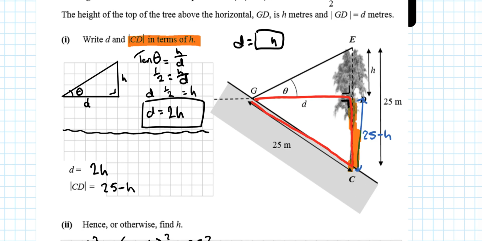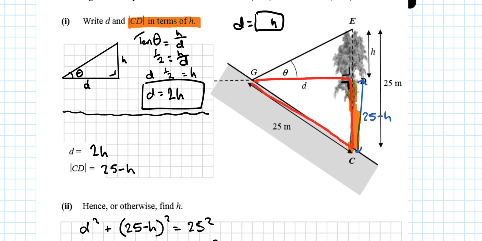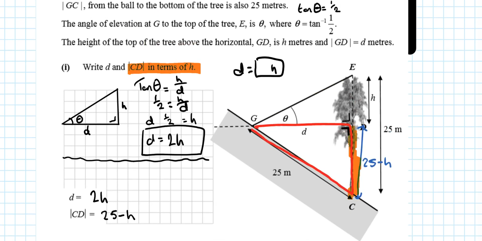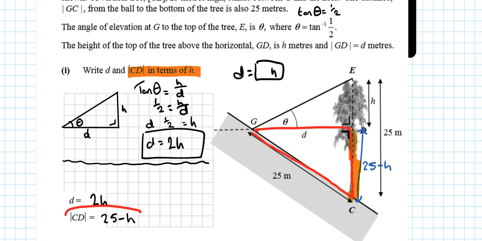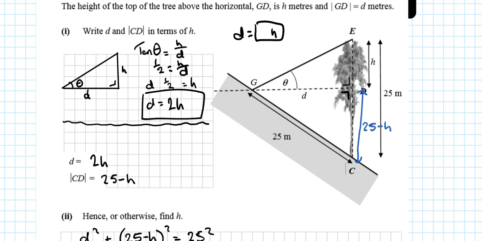So I could use Pythagoras' theorem for the next part of the question. CD is all I was asking for, CD in terms of h. That's this length here. That's CD, so we've gotten 25 minus h. Perfect. The next part of the question is, hence or otherwise, find h.